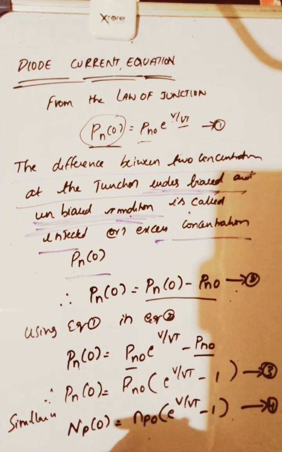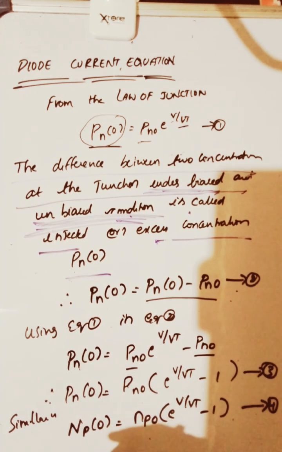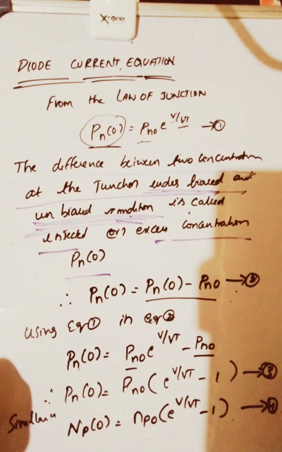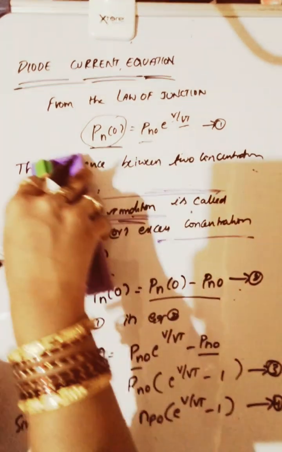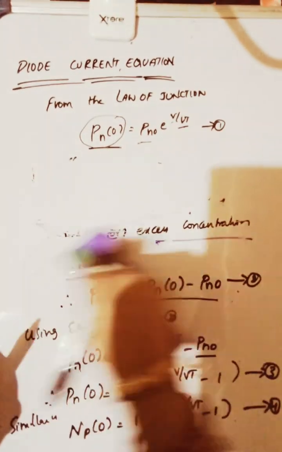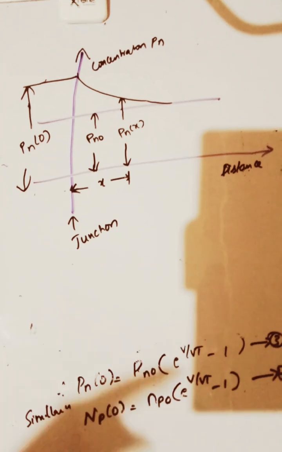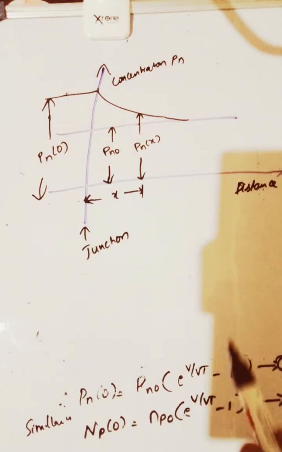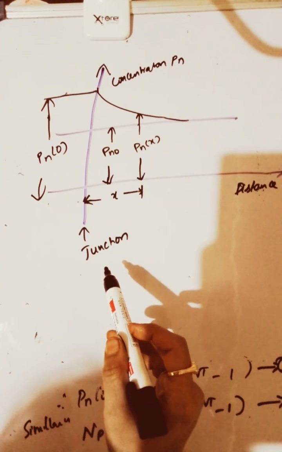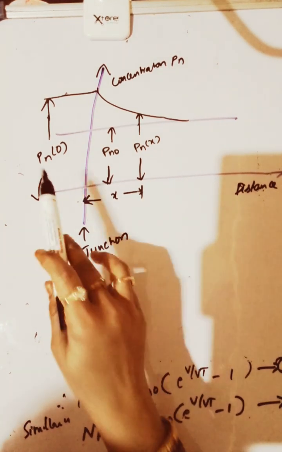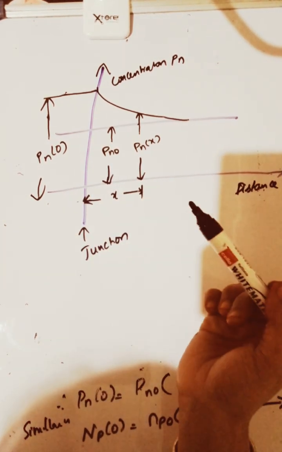Now, with a small junction diagram I am going to explain this one. Let us see. This is a depletion region where the hole current crosses the junction from P side to N side.